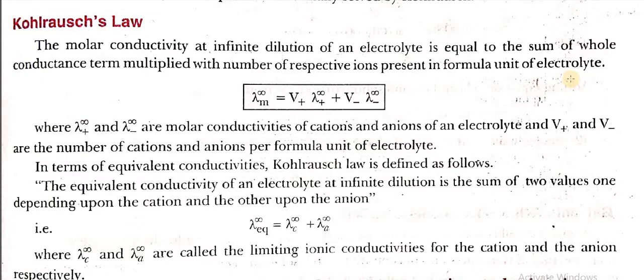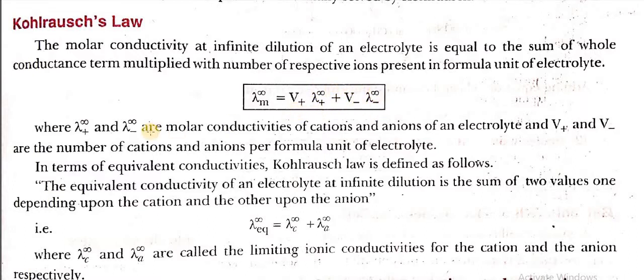So this is the law, and the equation for this is lambda, which is known as molar conductivity, and this is the infinite symbol. So molar conductivity at infinite dilution is equal to v plus lambda plus infinite plus v minus lambda minus infinite.